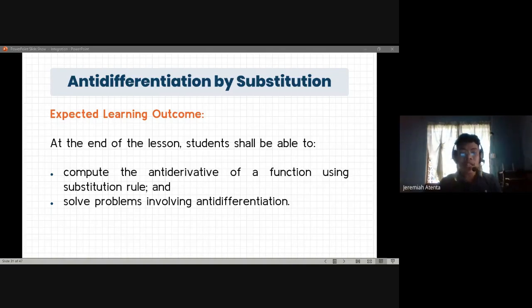Okay? Now, anti-differentiation is more challenging than differentiation. Okay? By the word challenging, hindi naman ibig sabihin na mahirap talaga siya. But, challenging siya in a sense na meron kayong kailangang tandaan talaga. Okay?